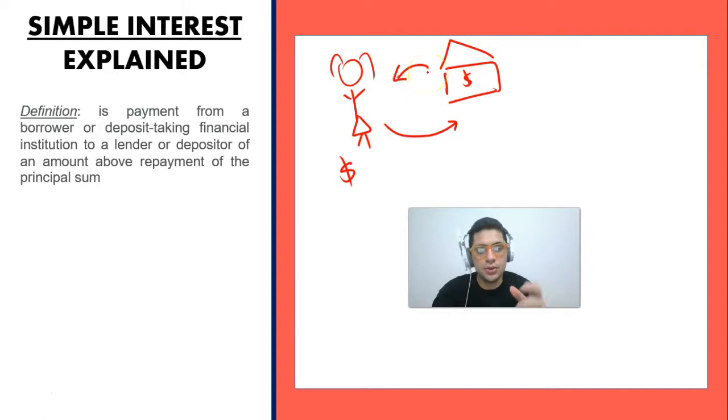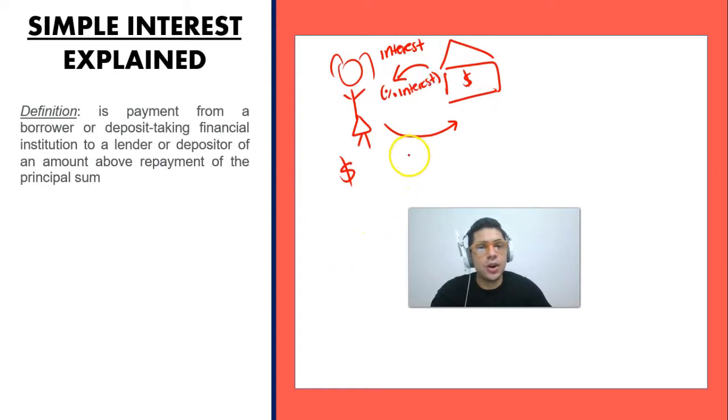So small retributions for having the money with me. So the bank is going to pay you an amount per year, a fixed amount per year, which is going to be called the interest, right? And that interest is usually obtained from a percentage of interest that they give you, right?